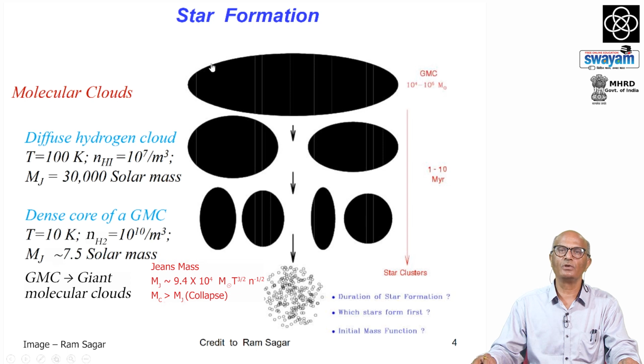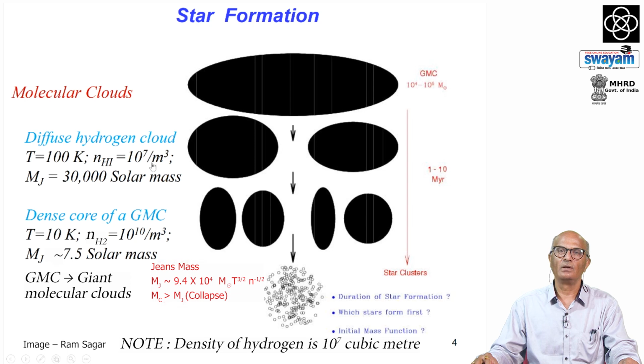So, it is a huge mass spread over a large area, and diffuse hydrogen is prominent. The typical temperature in such molecular clouds is about 100 degrees Kelvin, and the density of hydrogen is not very large, it is 10 to the power 7 atoms per cubic centimeter.